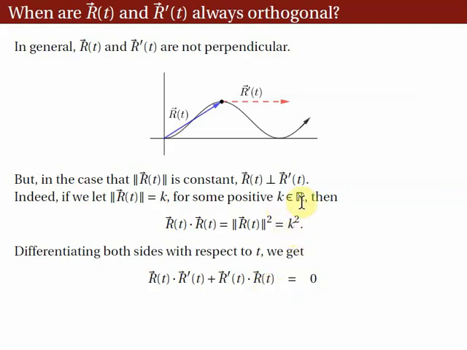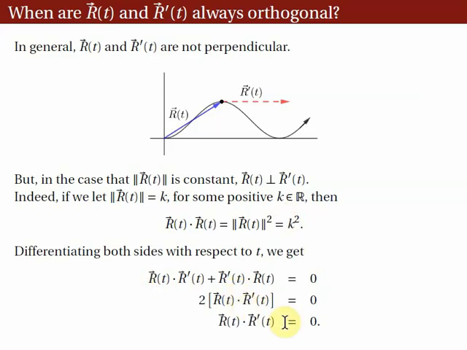The derivative of the right hand side is just 0. The left hand side is just twice the dot product of r with r prime, so equal to 0. And so the dot product of r with r prime is 0.